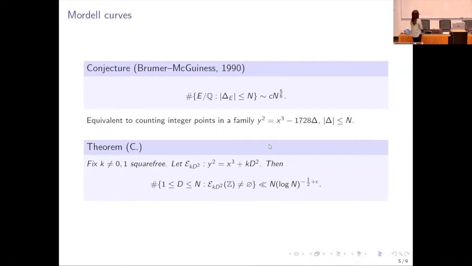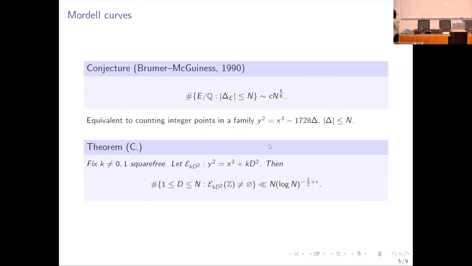In this particular statement, I'm assuming that k is not 0 and not 1 and square free. If I take k equals 0, it doesn't really define a proper family. If I take k equals 1, it is excluded because, as written, this statement wouldn't be true. If we plug in x equals 0 and y equals d, that will give me 3-torsion points and also an integral point.